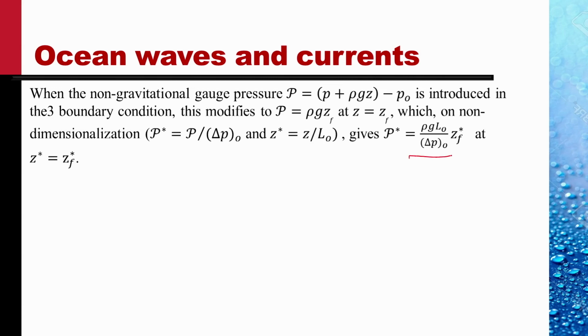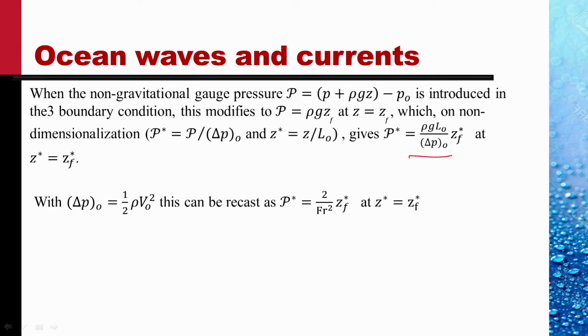This is a combination of Froude number and Euler number as discussed before. With delta P naught as 1/2 rho V naught squared, the dynamic pressure, this can be recast as P star is equal to 2 divided by Fr squared, the Froude number squared, z_F star, and z star is equal to z_F star.